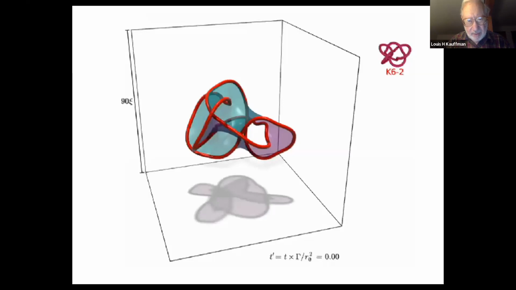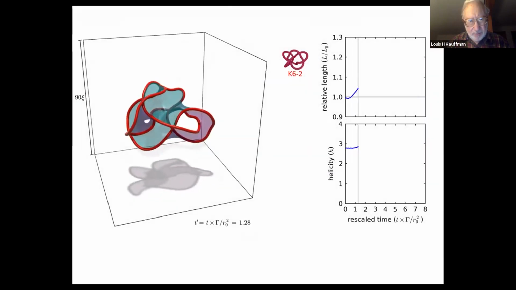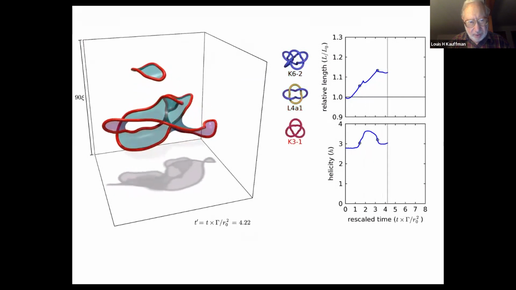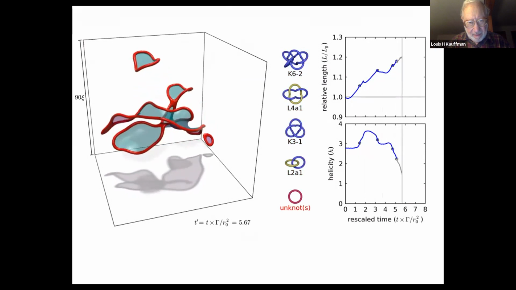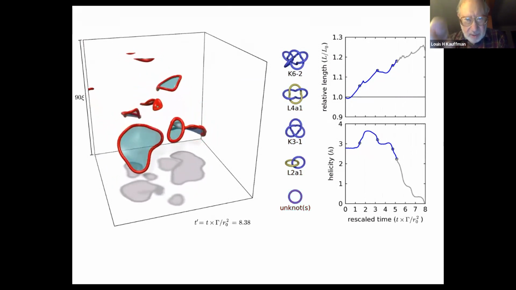Another experiment in the computer world. Here's the knot 6-2, and here's a picture of it evolving in the nonlinear Schrodinger equation method. And as you see, it started as 6-2, and it went through a reconnection and became a link, L here.